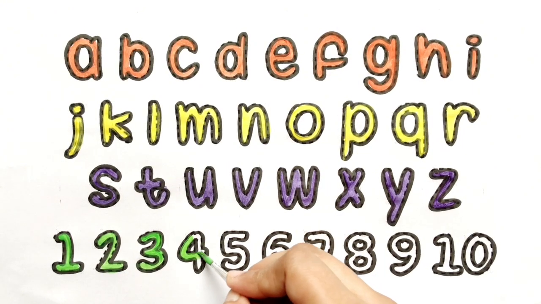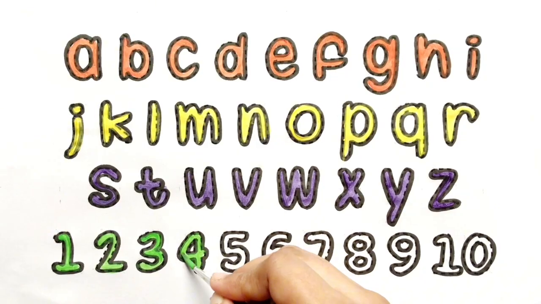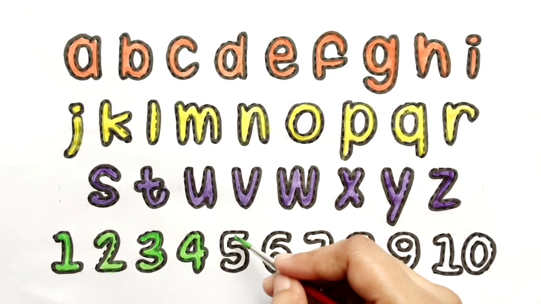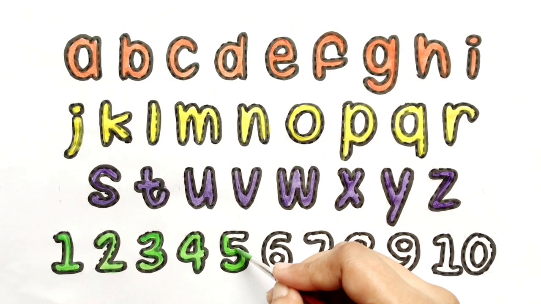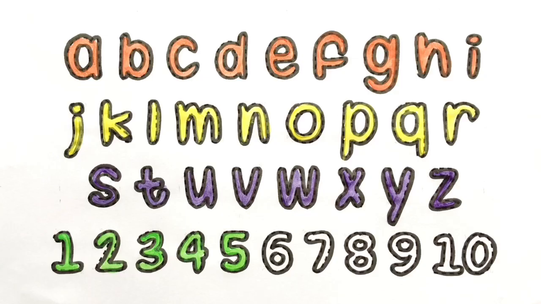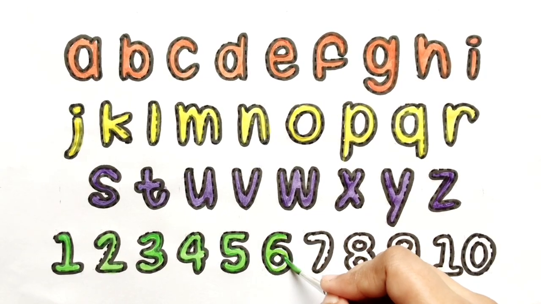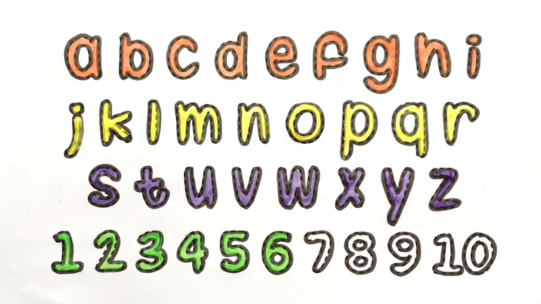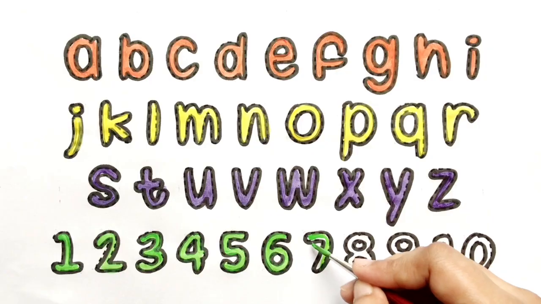D, E, F, G, H, I, J, K, L, M, N, O, P, 5. R, S, T, U, V, W, X, Y, and Z. 6. Now I know my ABCs. Next time, won't you sing with 7. me?